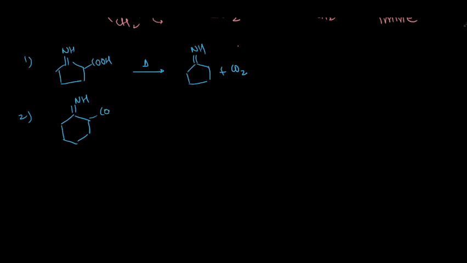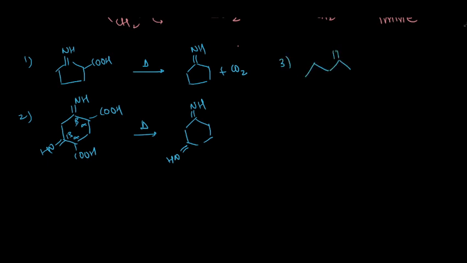When we heat it, COOH and the double bond NH, imine COOH, it is at the beta position with respect to the carboxylic acid. So when we heat, due to the 6-membered cyclic transition state, this type of compound will form. Third, we have NH and C(=O)OH. When we heat it, it will form double bond NH.